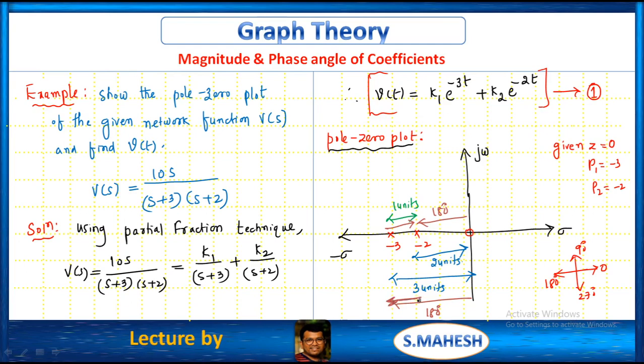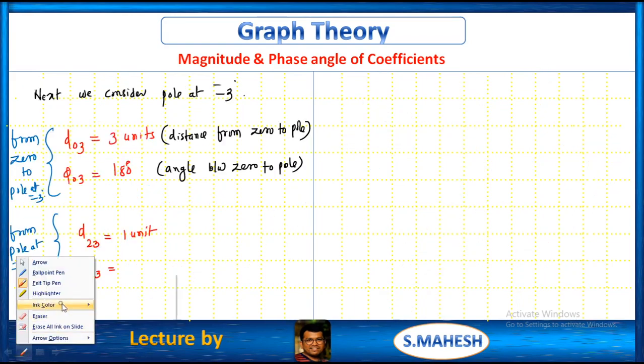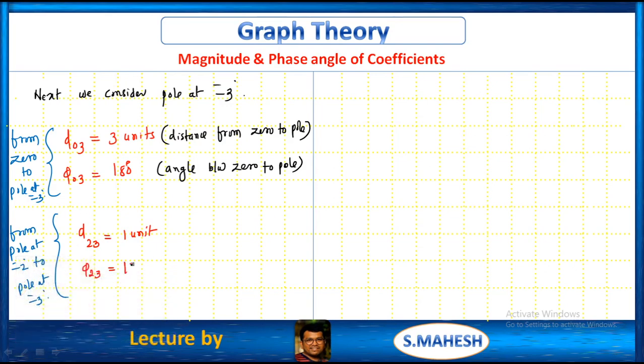Why is it 180 degrees? Because it is the same as the direction of that 0 to pole at minus 3 only. That's why 523 is 180 degrees, but coming to 532 it is 0. Why is it 0? 180 minus 180 is 0. Here 0 plus 180, because it is the same as the direction of that 503. So 0 plus 180 is nothing but 180, right?